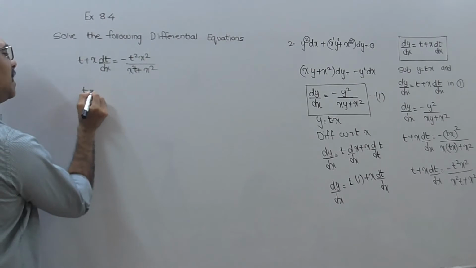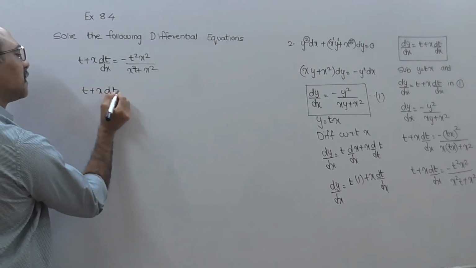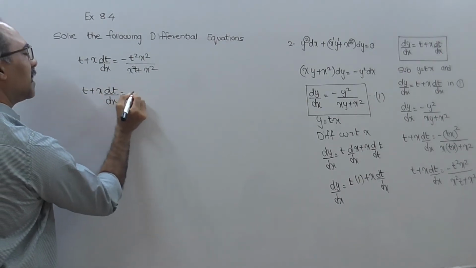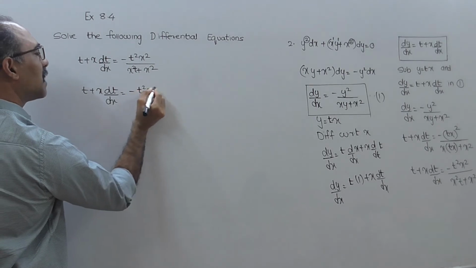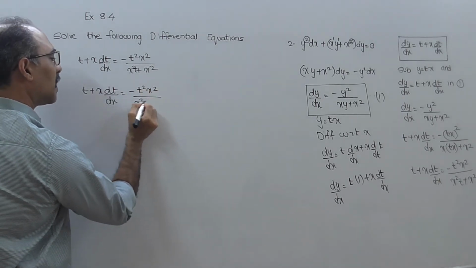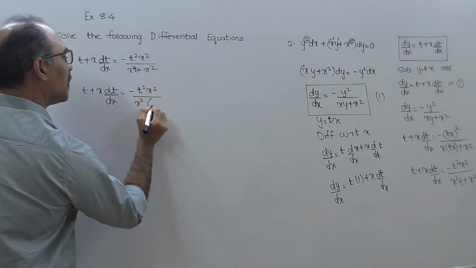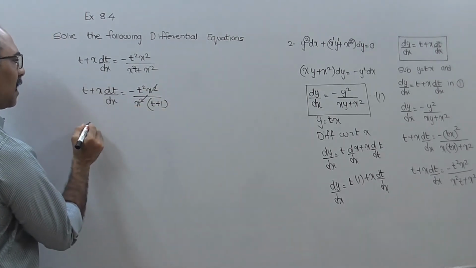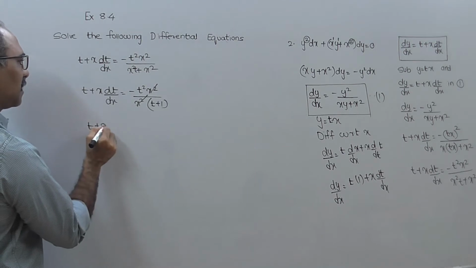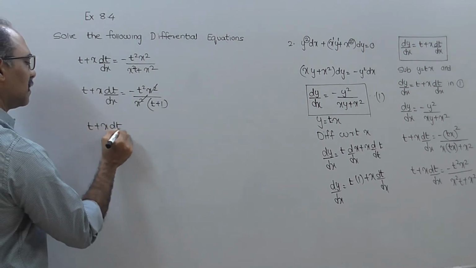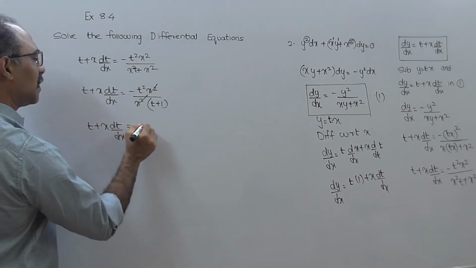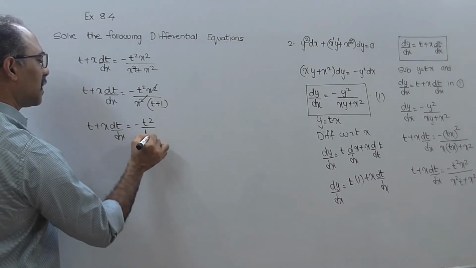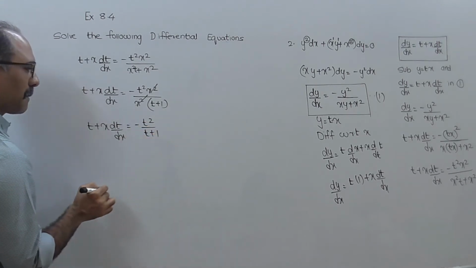So this is t plus x times dt by dx equal to minus t square x square, the whole upon x square common, and this becomes t plus 1. Cut it out. So what happens is you get t plus x dt by dx equal to minus t square upon t plus 1.